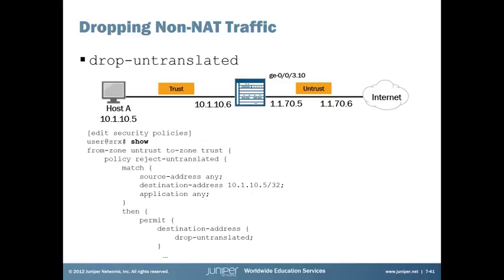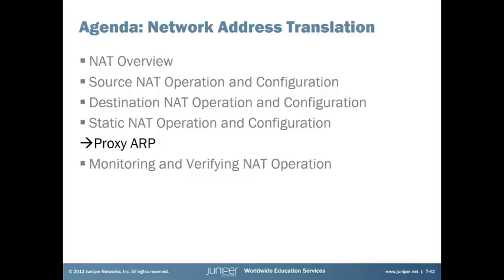Drop non-translated traffic. This is just something we can set up on security policies, so that anything that does not get translated can be dropped. It's an option. Proxy ARP.